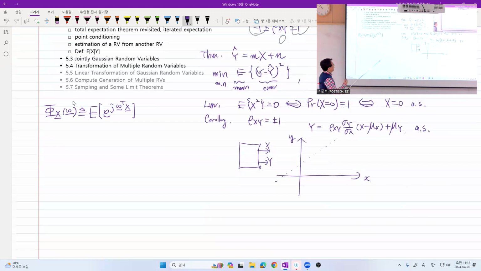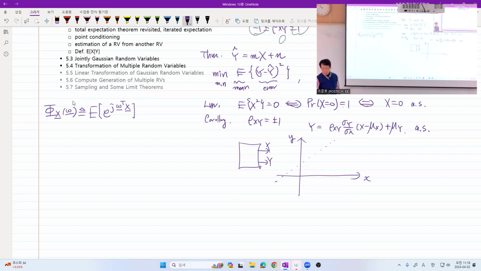Of course, you can expand the inner product between the two vectors using summation. Then due to the property of the exponent, you can just rewrite this as a product of e to the j something. And you can easily see that this is nothing but an n-dimensional Fourier transform. Of course, the sign is reversed, but you can just say that.